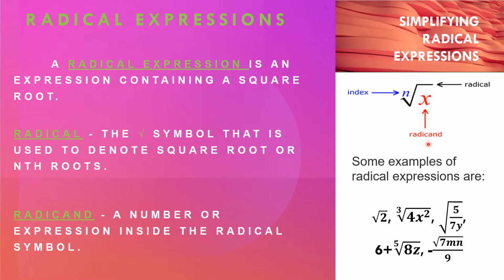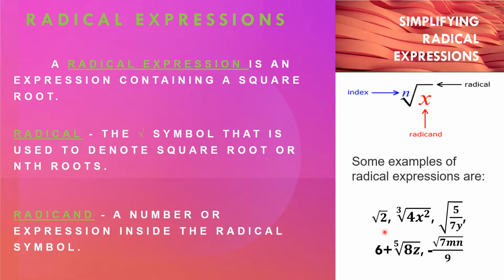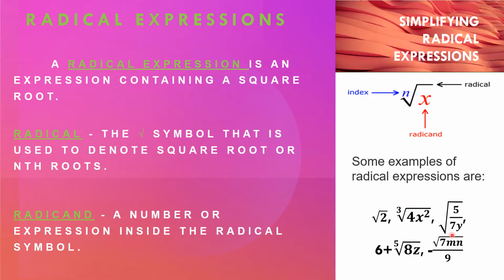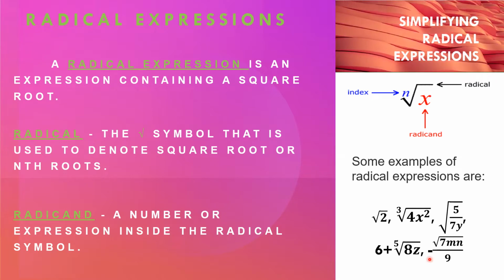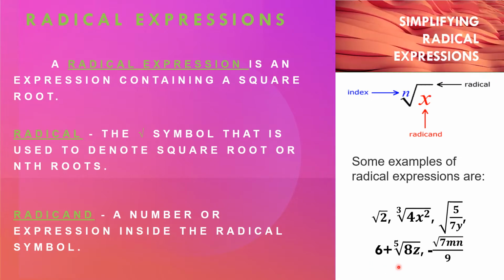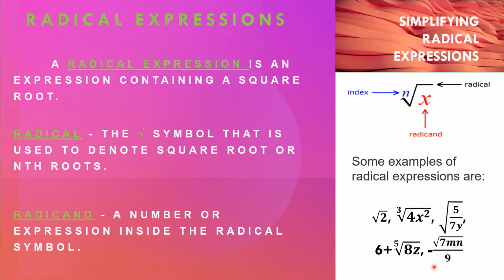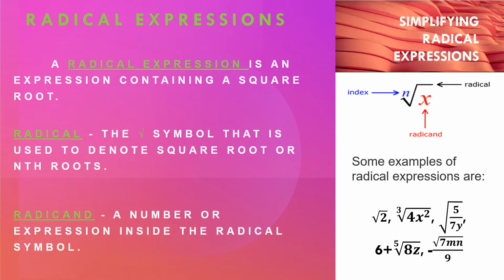Some examples of radical expressions are square root of 2, cube root of 4x squared, square root of 5 over 7y, 6 plus fifth root of 8z, and negative square root of 7mn over 9.